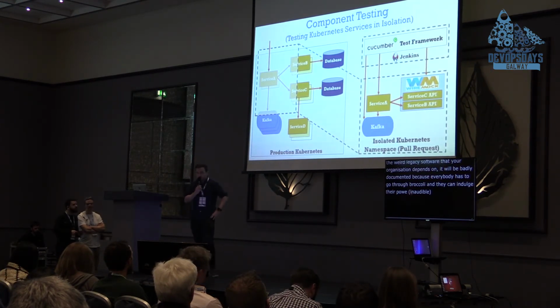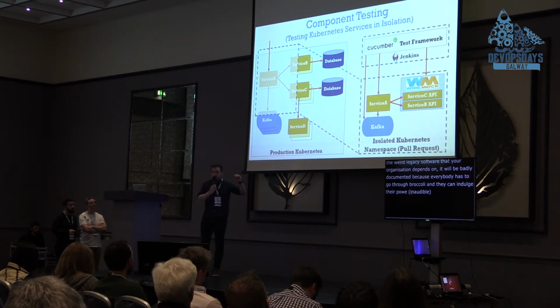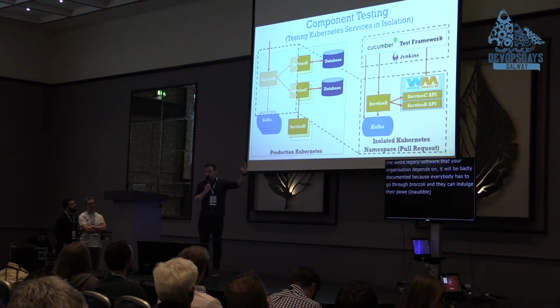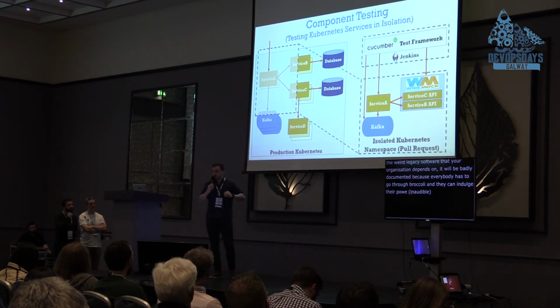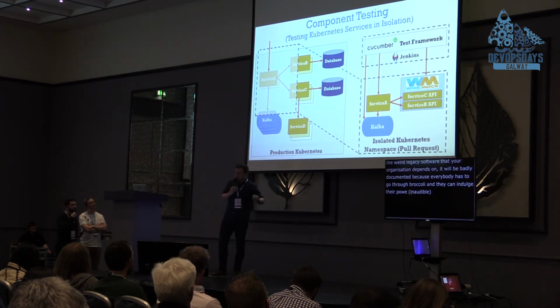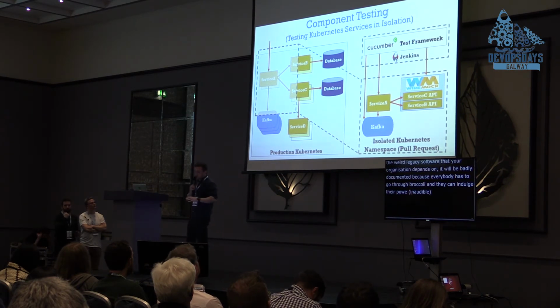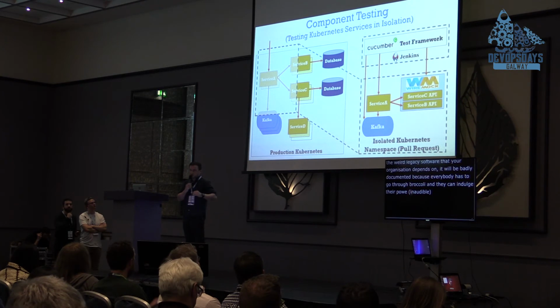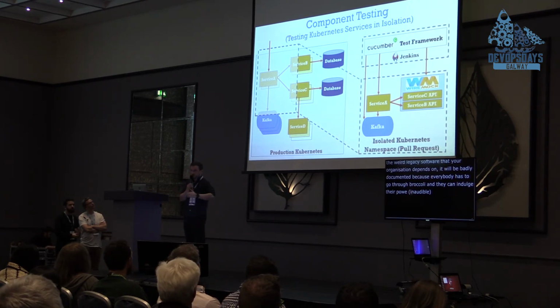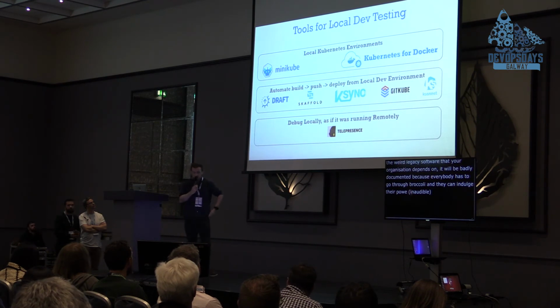So taking this example here, in Service A we're using Helm to replace our dependencies that we can't control, which are Service B and Service C, and replacing them with something like WireMock, which we can control. And again, we can deploy scaled down versions of Kafka. So we can start testing our services in isolation from the likes of Cucumber, where we can control the interactions with our service by putting messages onto Kafka and emulating with WireMock.